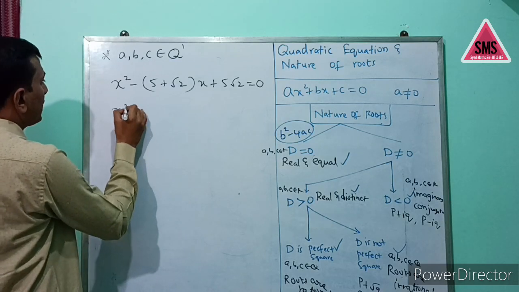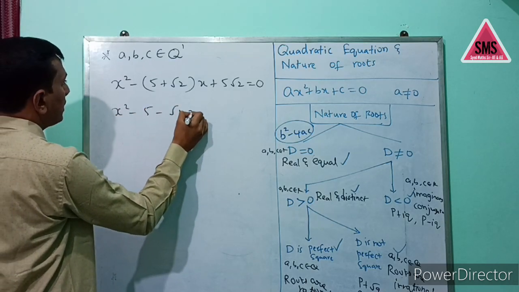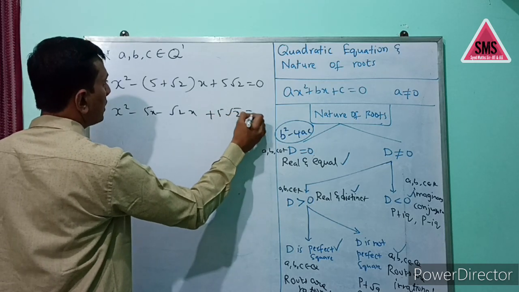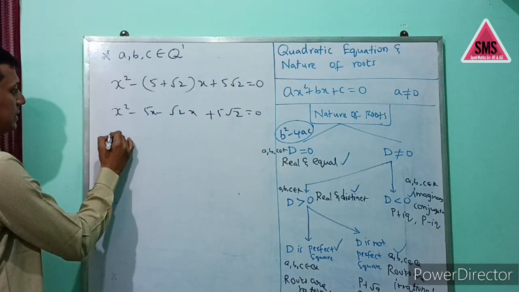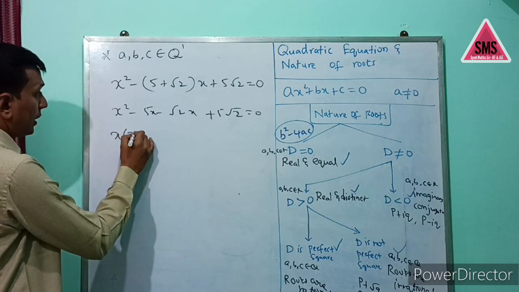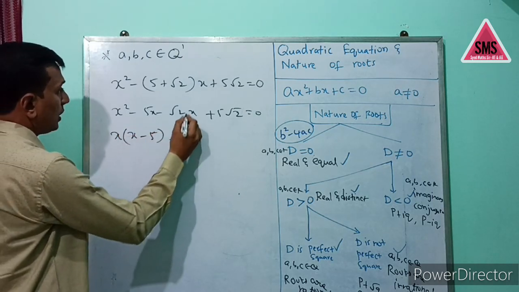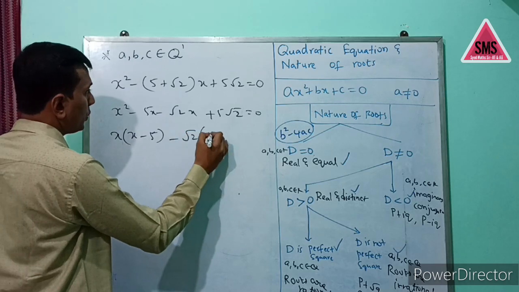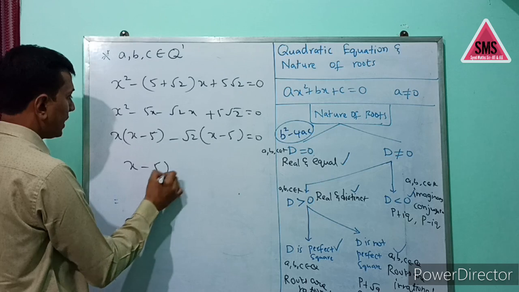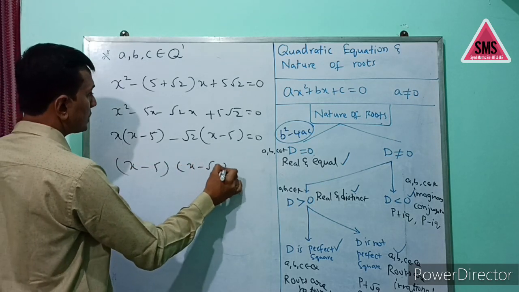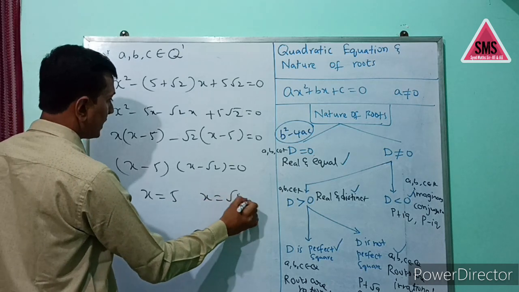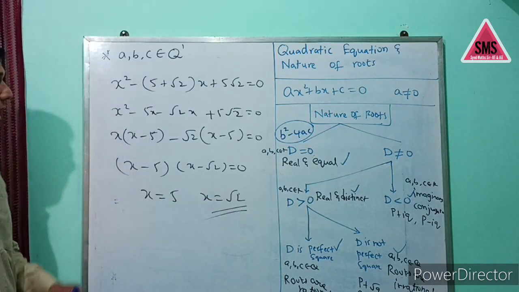Now, when you factorize, are we going to get the conjugate condition? x is common here, minus root 2 is common, x minus 5 will be left. Then if you take x minus 5 common, x minus root 2 will be there. x is equal to 5 and x is equal to root 2.